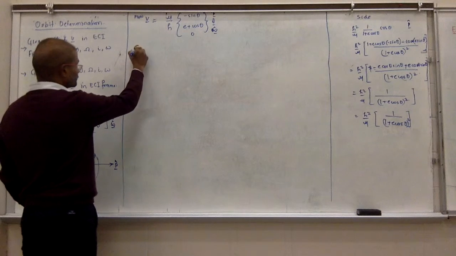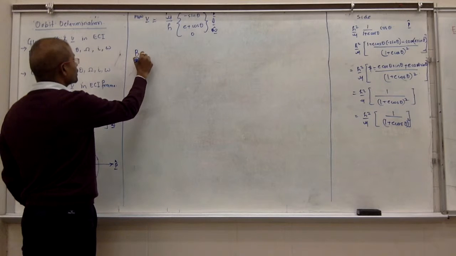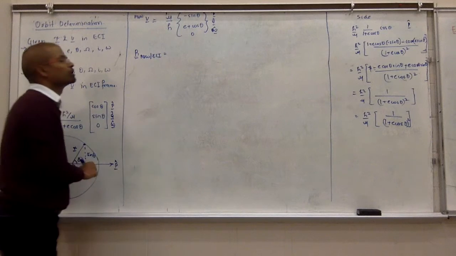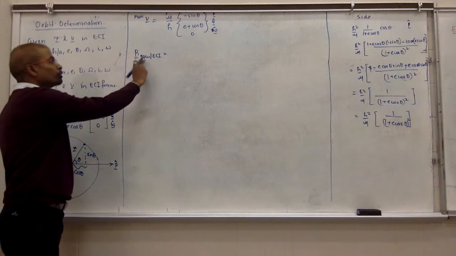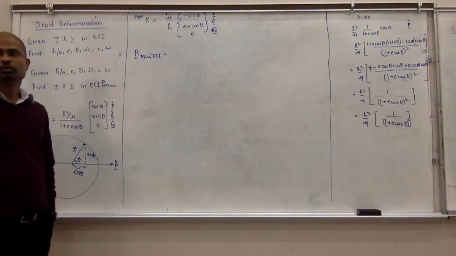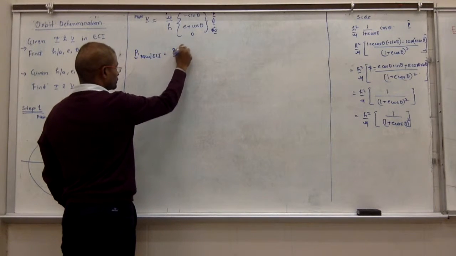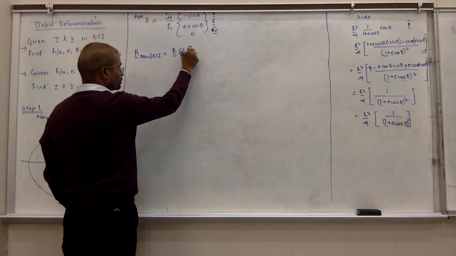So you remember this R. What is this? R PQW to ECI is equal to R1 theta, 3 theta.